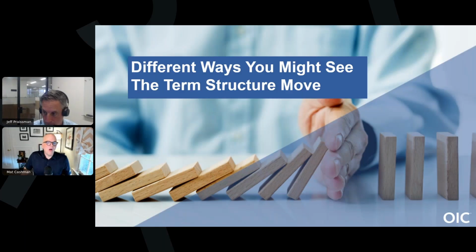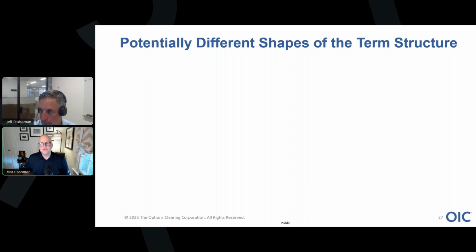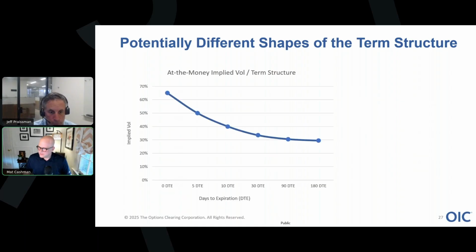All right, let's talk about term structure, because as I said in the beginning, I think people often miss what term structure is telling you about how and why the options market is pricing things the way that it is. This is what I would call a normal-ish term structure.